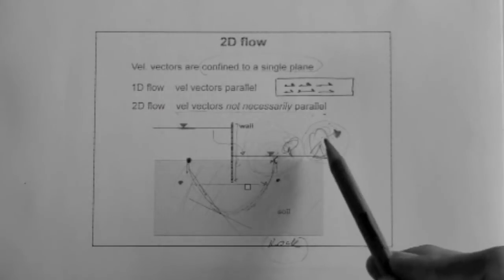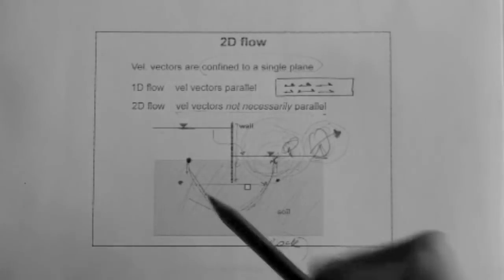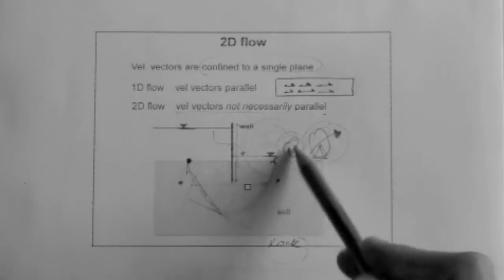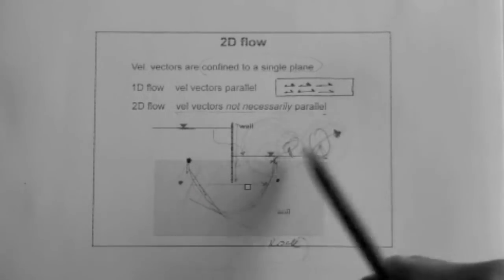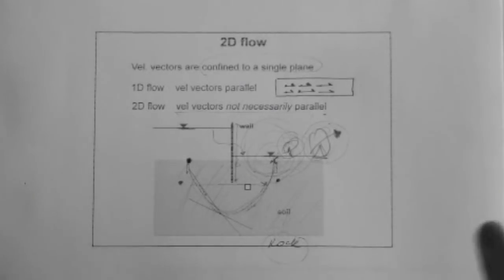So, for engineering in this location, we need to know how much water per unit time, Q, will come into this location so that we can select the pump to remove the water constantly as it comes in. That is an example of why we need to understand 2D flow.